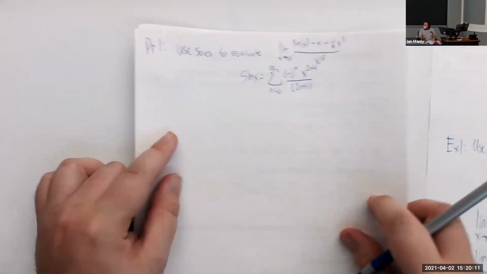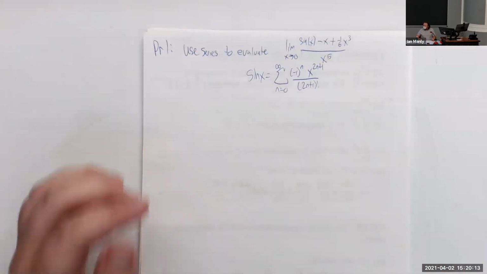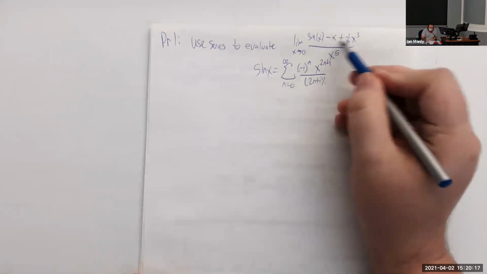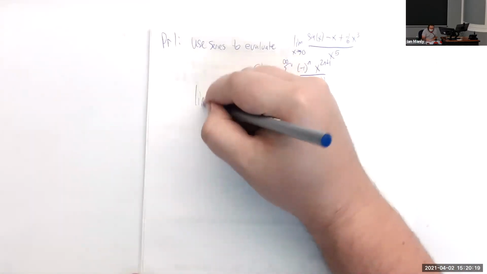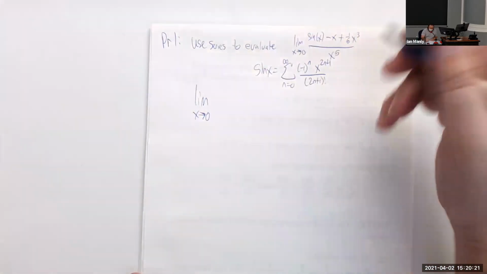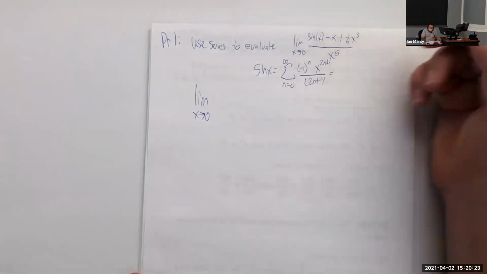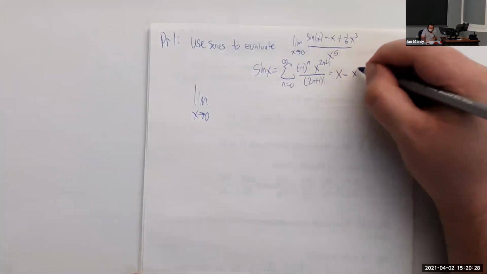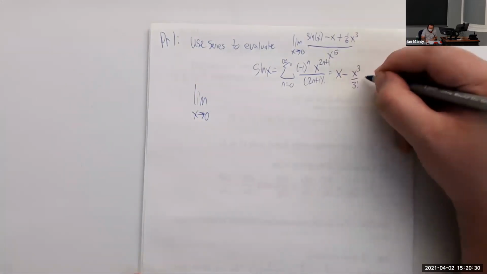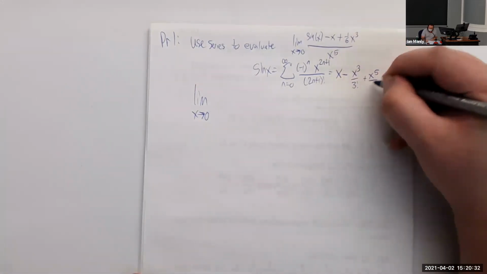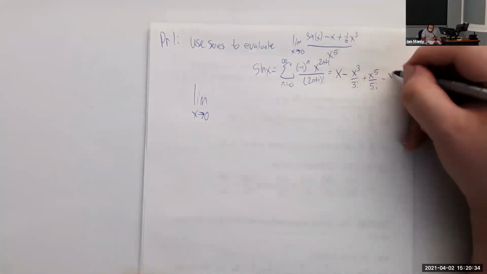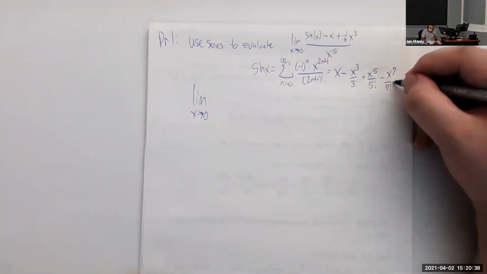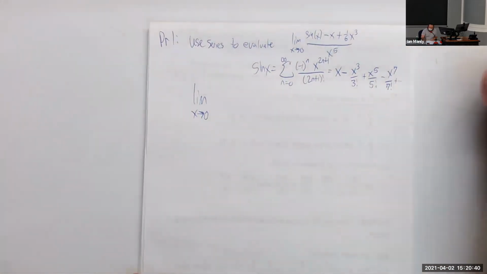All right. So let's see here. We want to use this series to help us do this limit. What we're going to do is write out the first few terms of this series, and that's going to give us x minus x cubed over 3 factorial plus x to the 5th over 5 factorial minus x to the 7th over 7 factorial, and so on.